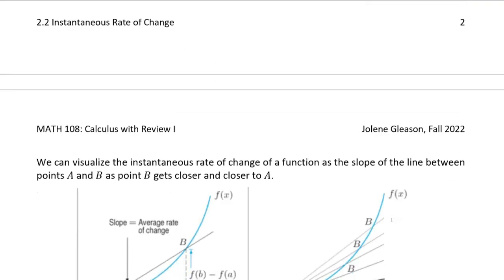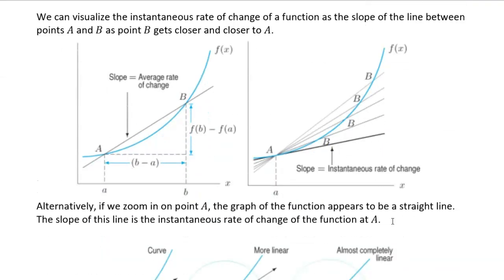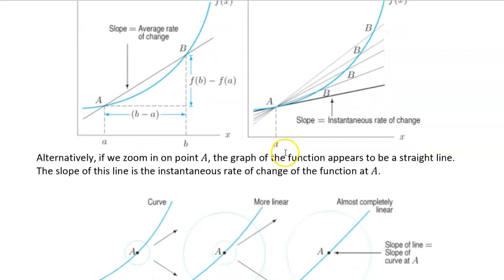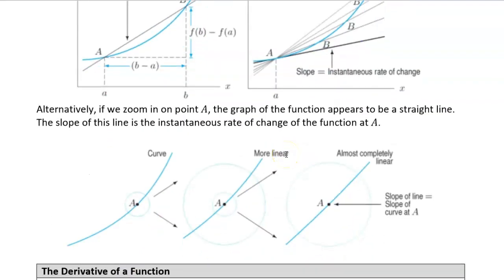Okay, now you can visualize that as these lines. We first of all looked at a larger interval between A and B, and then we moved B closer and closer and closer to A. And as B approaches A, we end up with a line that essentially touches at one point.